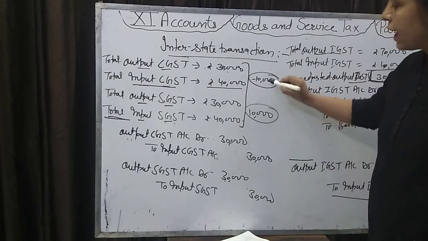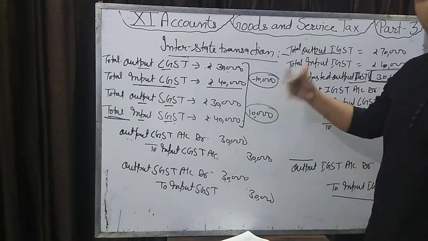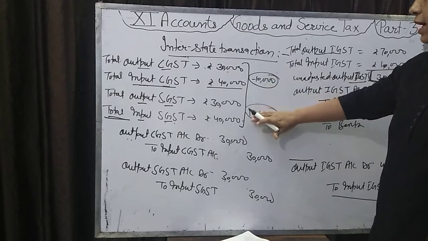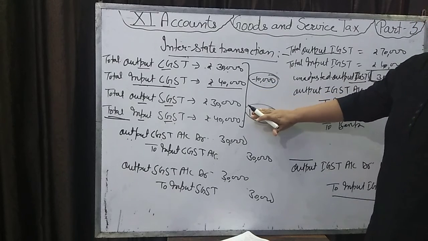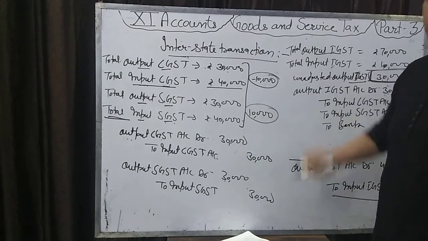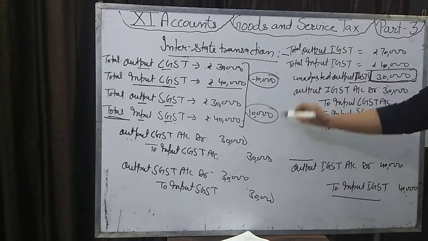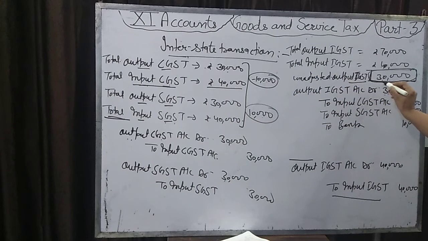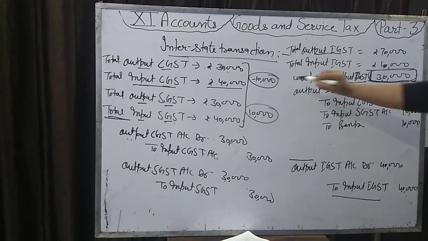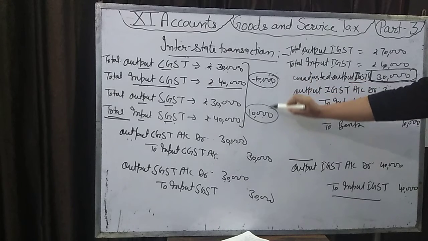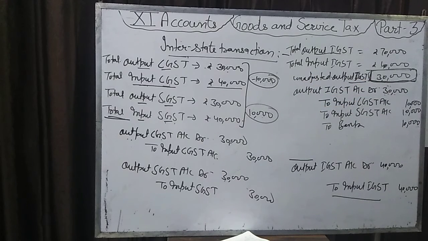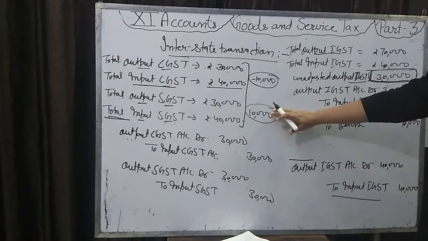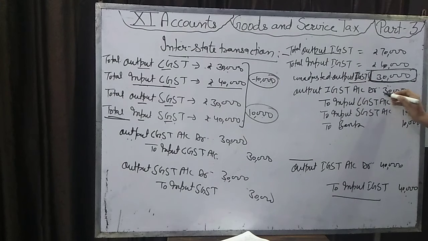If we are having balance, it may or may not be there, but if we are having balance of input CGST and input SGST, then we can adjust this 30,000, this unadjusted output IGST, from input CGST and input SGST. If we are not having balance, then we have to pay all the 30,000 to the government.